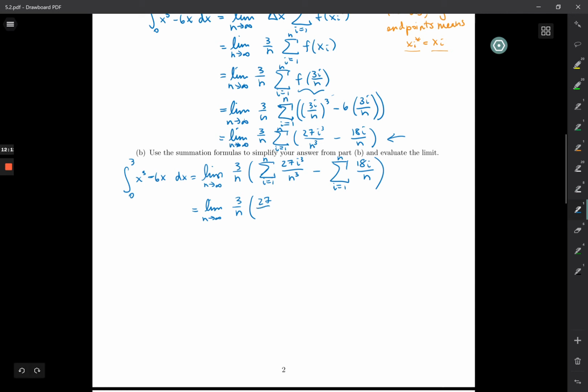Even though we're leaving n as a variable because we want to take the limit as n goes to infinity, as far as the inside of this sum is concerned, what is changing is i. So n cubed is not dependent on i, so it really is a constant as far as this sum is concerned.